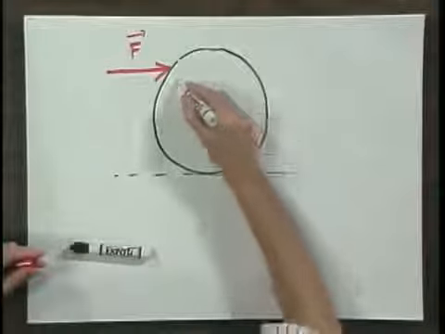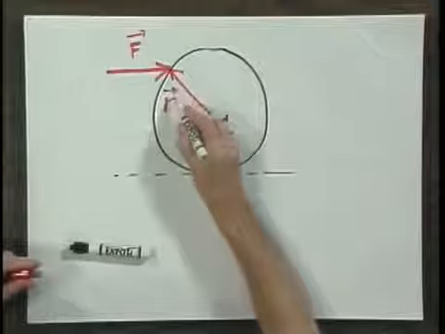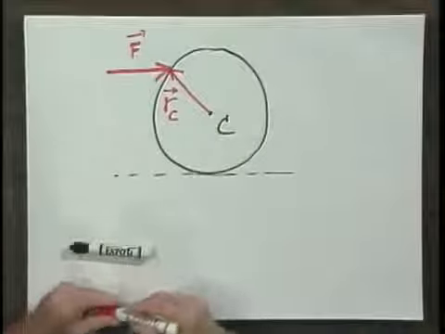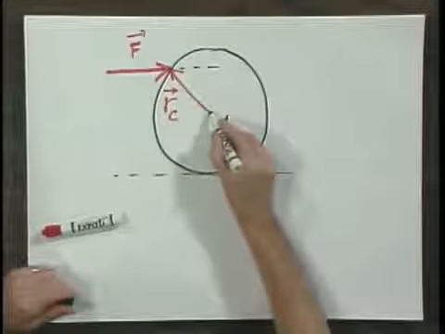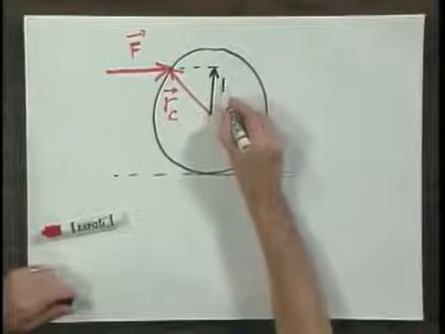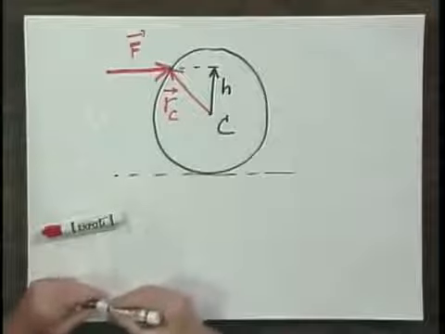And at any moment in time, I have here the position vector, which I will call R of C. And this distance here we have called h. We'll call h positive in this direction, and we'll call h negative in this direction.